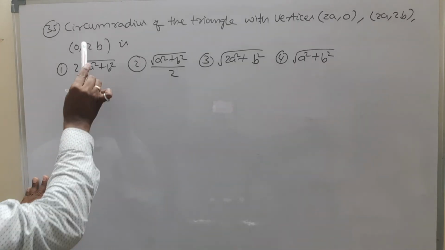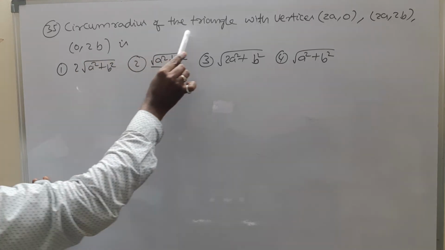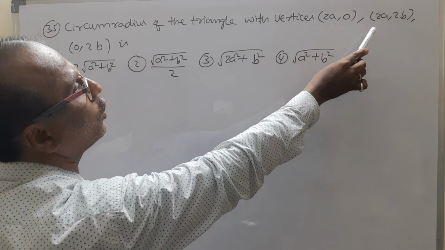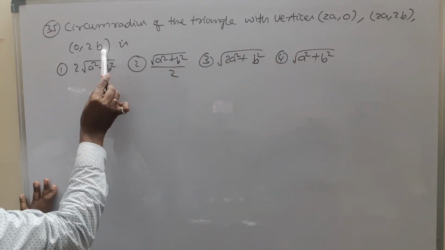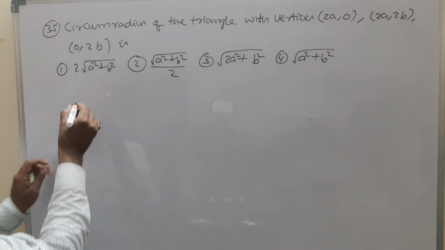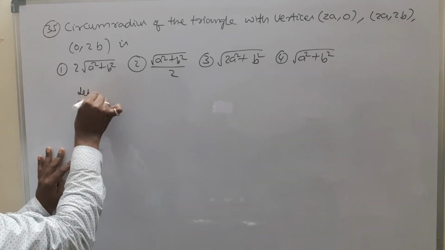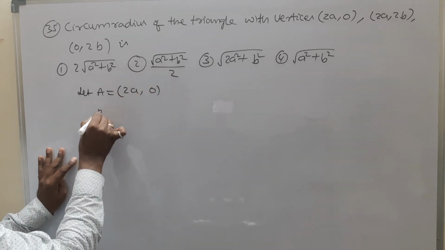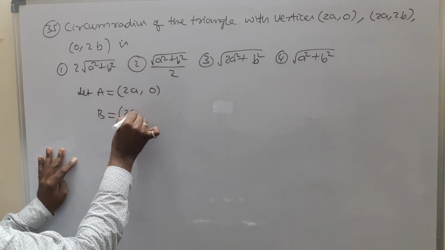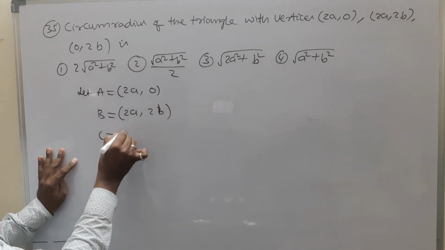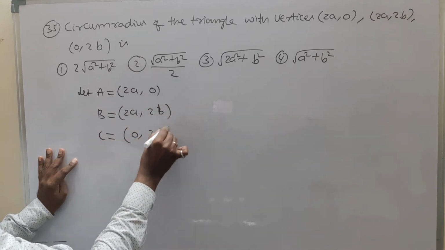Question number 35. Circumradius of the triangle with vertices (2a, 0), (2a, 2b), (0, 2b) is, four options are given. In a triangle, let the first vertex capital A equal (2a, 0), capital B equal (2a, 2b), capital C equal (0, 2b).